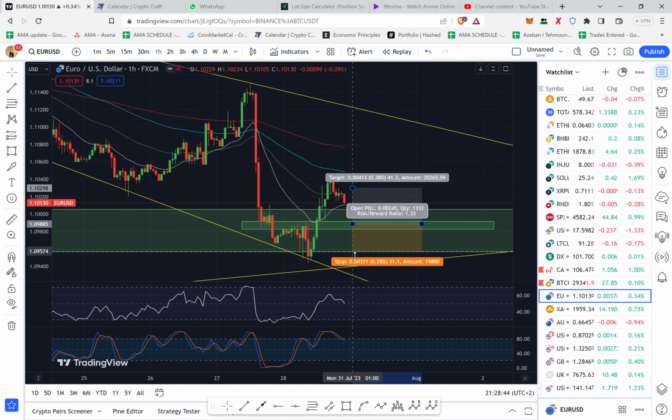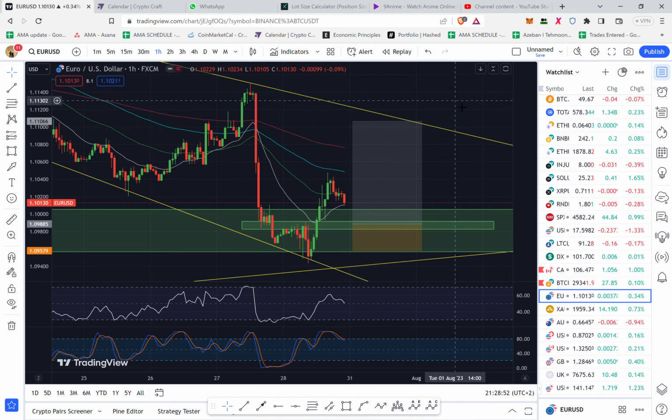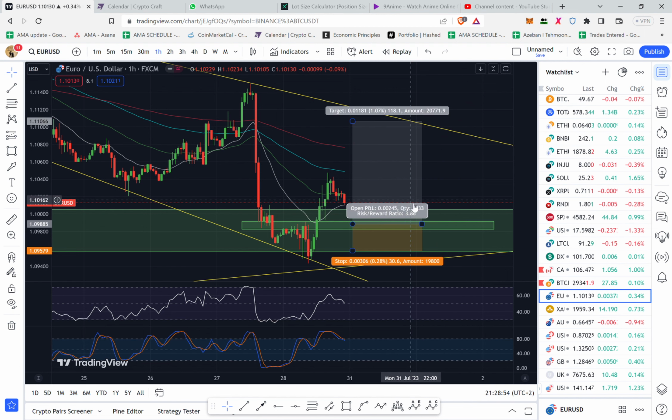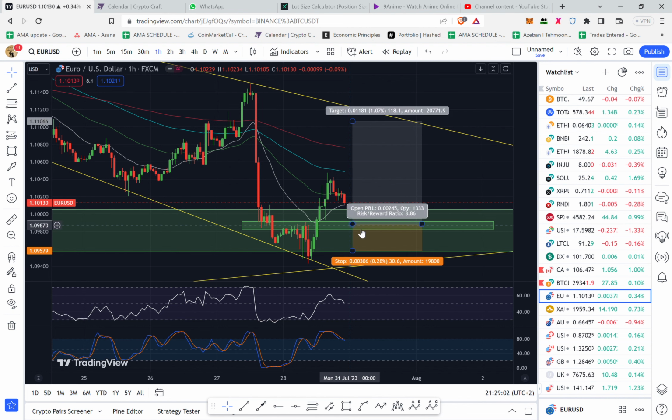I'll be looking for bullish candlesticks and all that kind of stuff to make a potential entry on Euro. It's a good 3.86 risk reward ratio, 1:4 maybe even, depending on what price gives us as we come back down to this level.